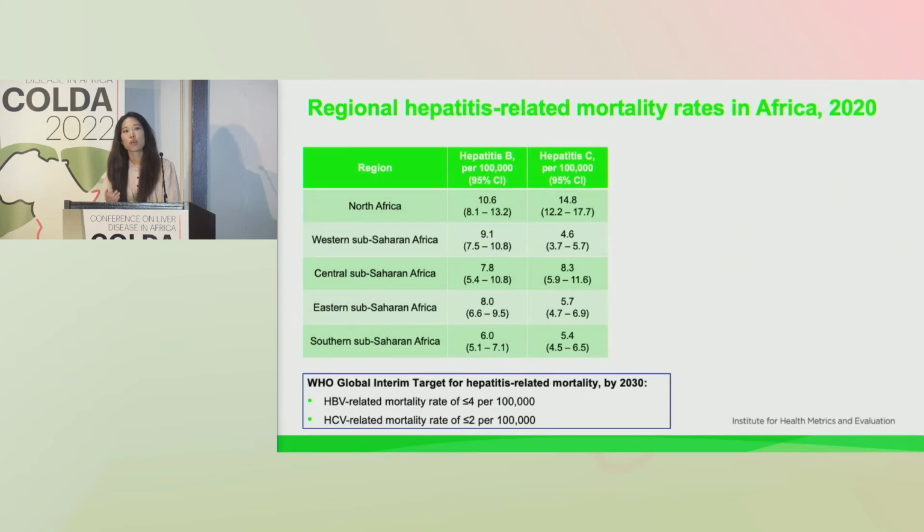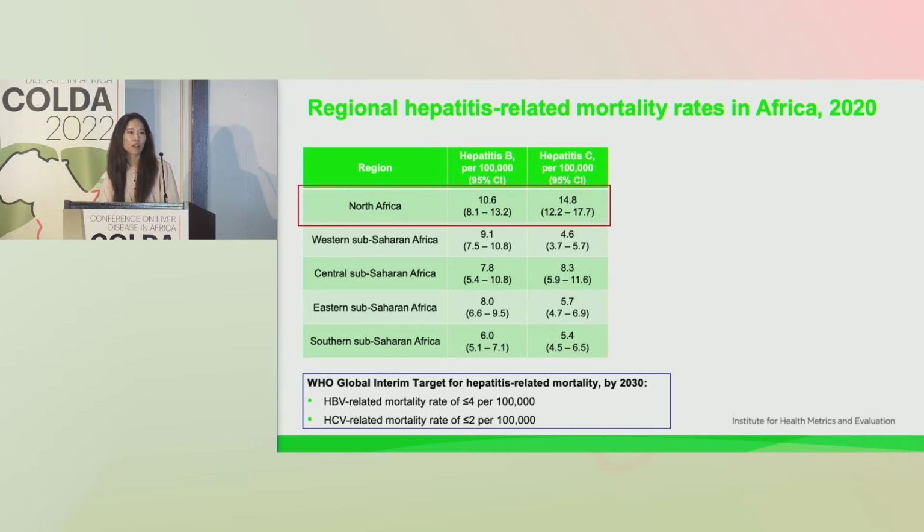Looking at the regional hepatitis-related mortality rates, here we see something interesting, because in the previous slides we saw that North Africa had the lowest prevalence of hepatitis B in children under 5, as well as the lowest hepatitis C incidence.